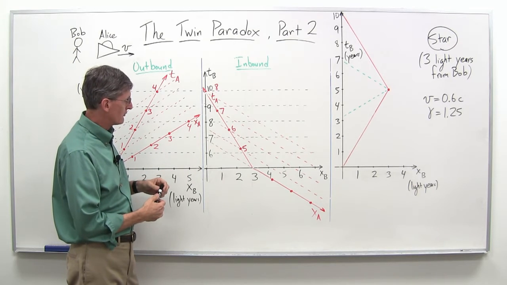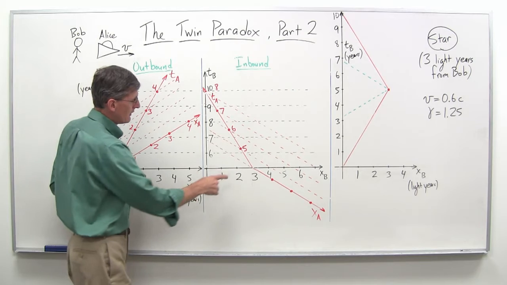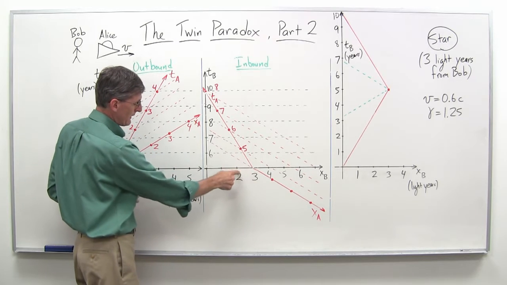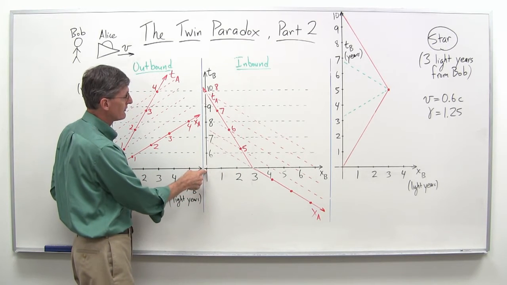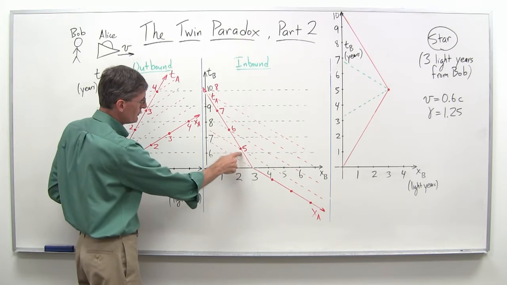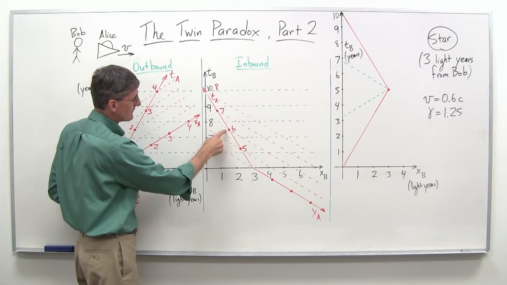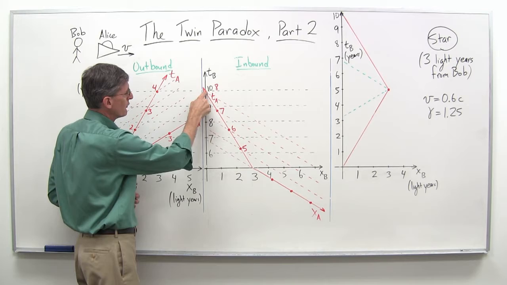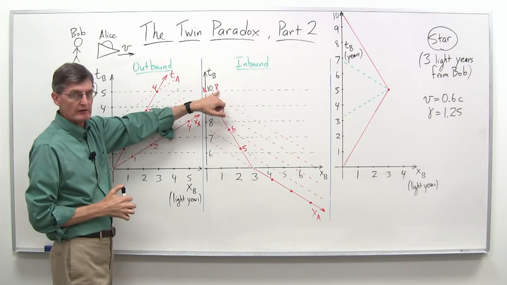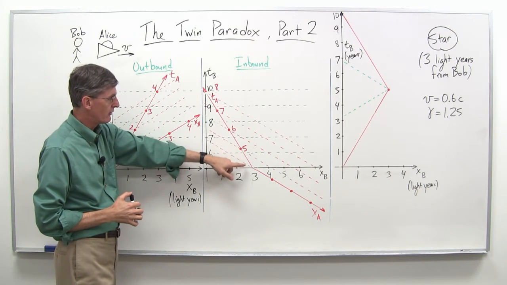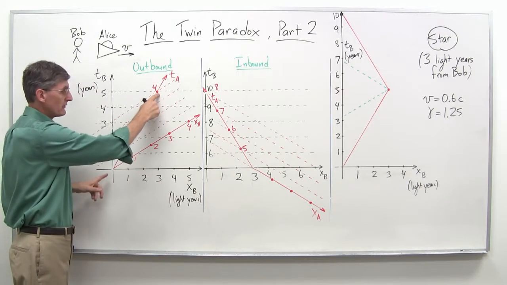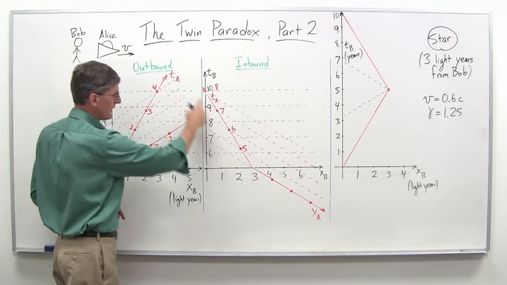And what happens, though, as she moves back towards Bob's position at 0 here, is that when she gets back, her clocks have ticked off 8 total. In other words, to get to here she went to 4, and then going back it's just another 4.